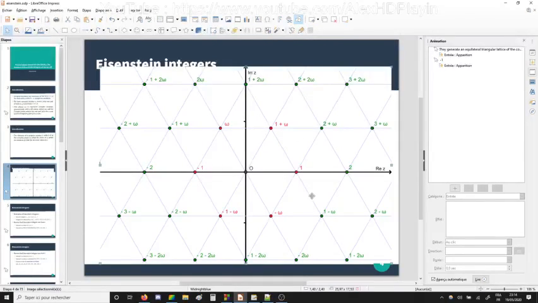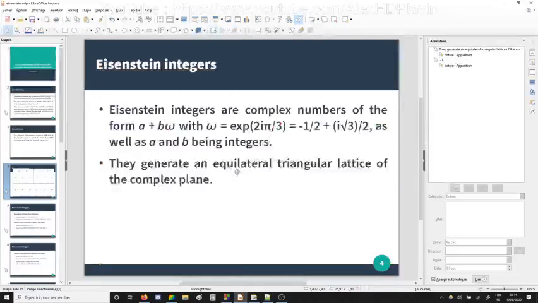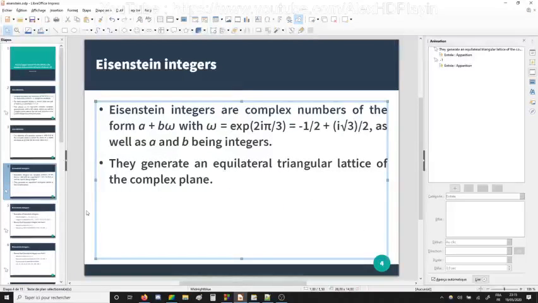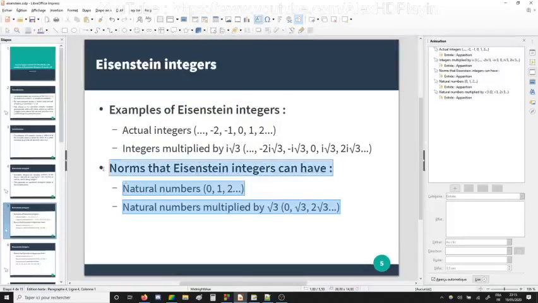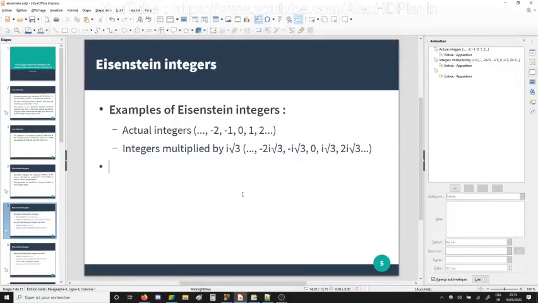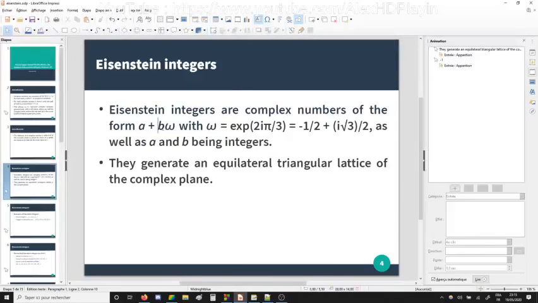Zero counts, don't worry about that. Okay, so let's see some examples. We have the actual integers, which are Eisenstein integers as well. You just need to put b equals 0. That works.